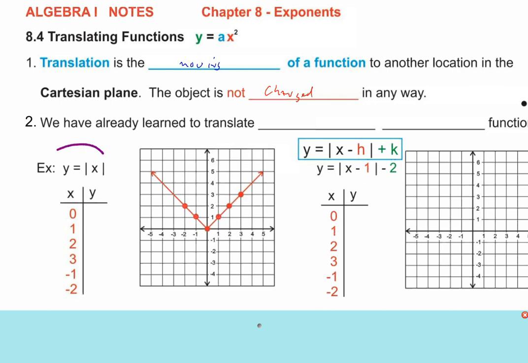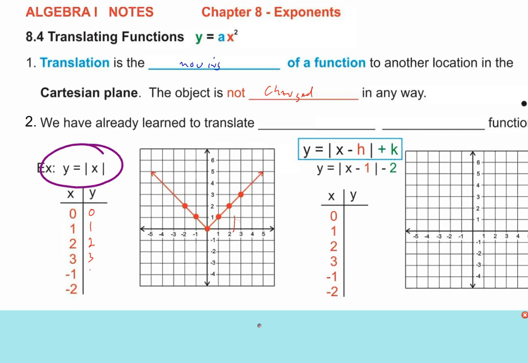If you run an xy chart, when x is 0, y is 0, and that's the origin, the vertex right there. When x is 1, the absolute value of 1 is 1. That's that point right there. When x is 2, the absolute value of 2 is 2, and that's that point right there, and so forth and so on, 3.